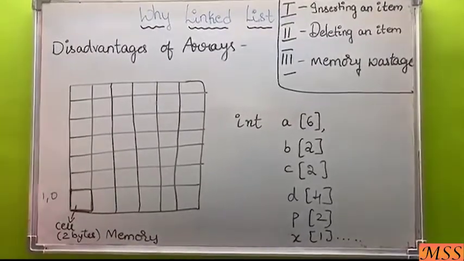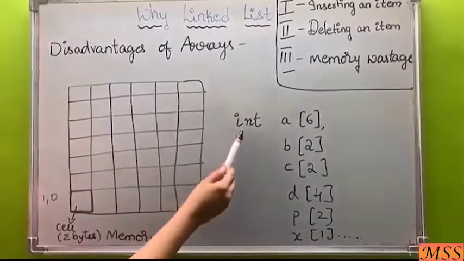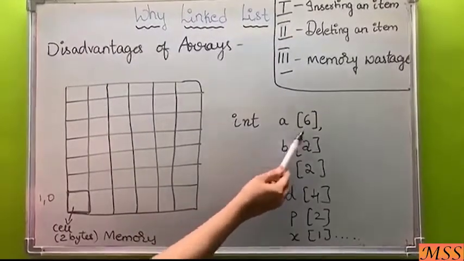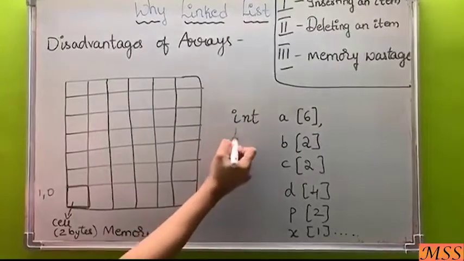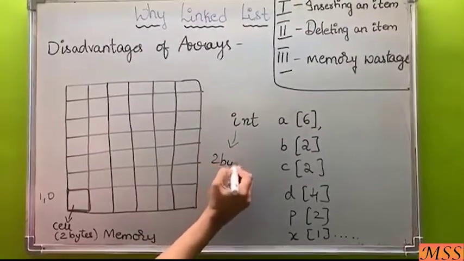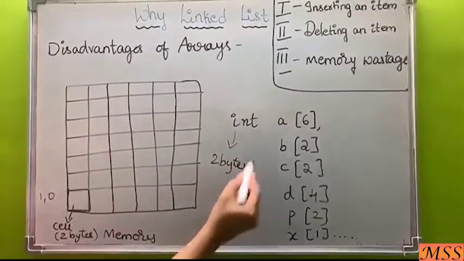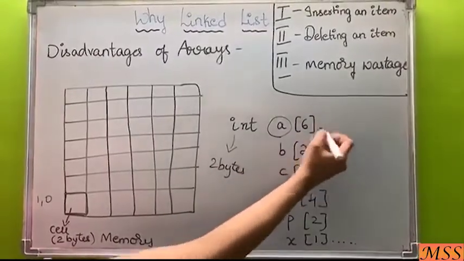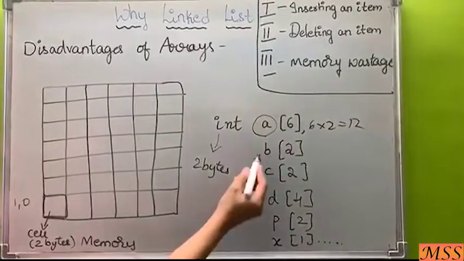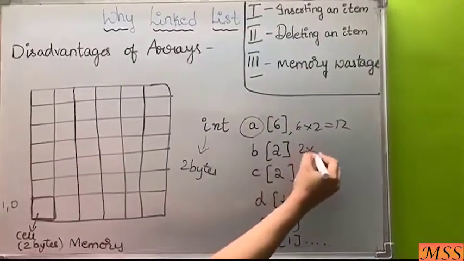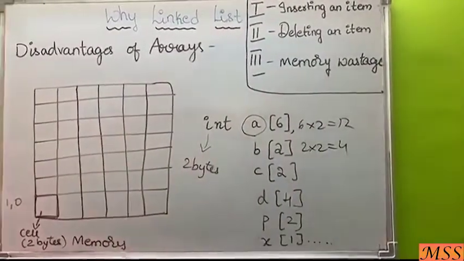Suppose in my program I have declared int a of 6, b of 2, c of 2 and so on. As an integer occupies 2 bytes of memory, the variable a needs 6 into 2, 12 bytes, and the variable b requires 2 into 2, 4 bytes.